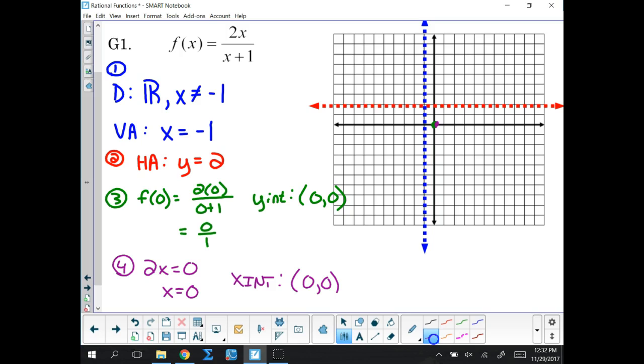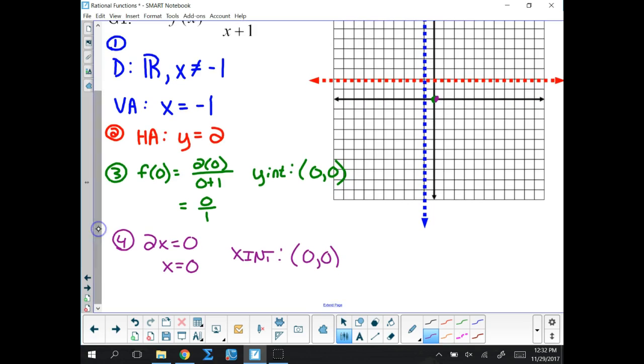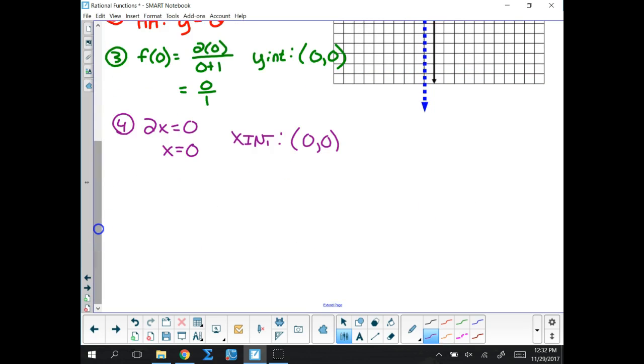Now, for the next step, find more points because I only have 1 point on my graph. I need some more. So what I recommend, and again, this is me, I've done this once or twice, is I would make a mini T-chart for the right side of my vertical asymptote, and a mini T-chart for the left side of my vertical asymptote.